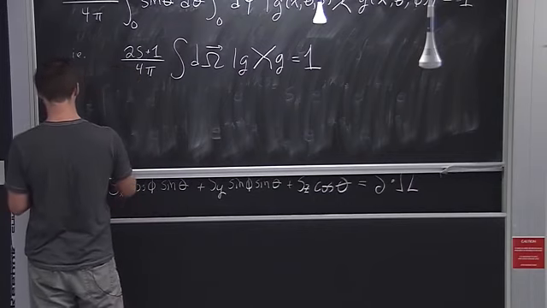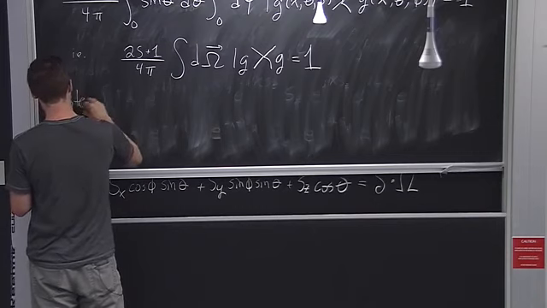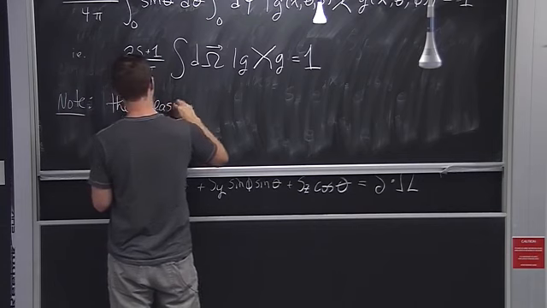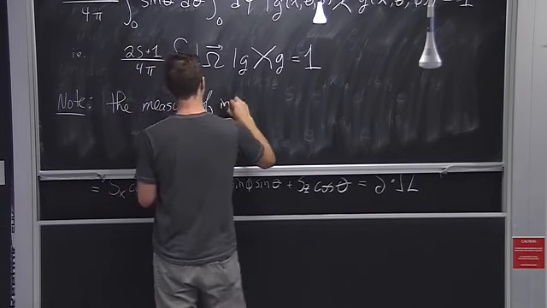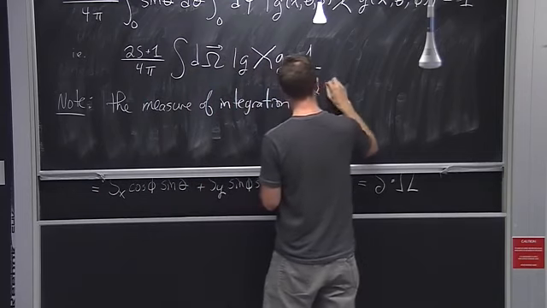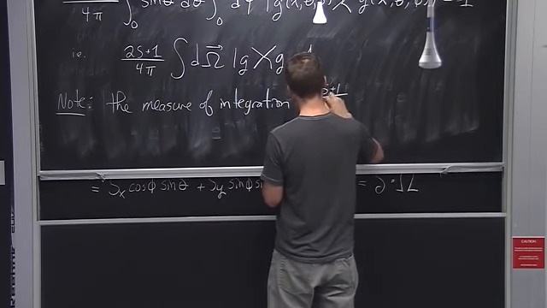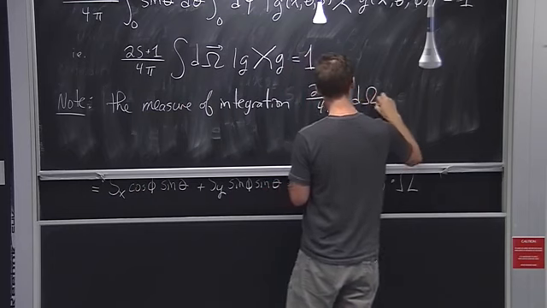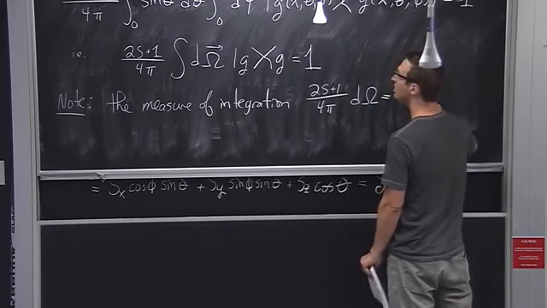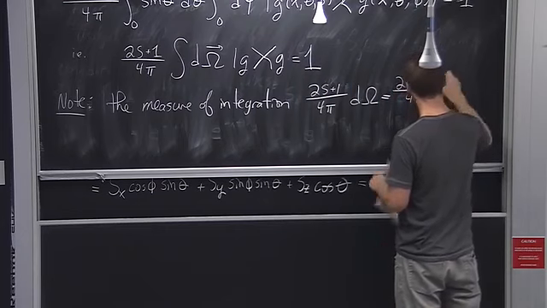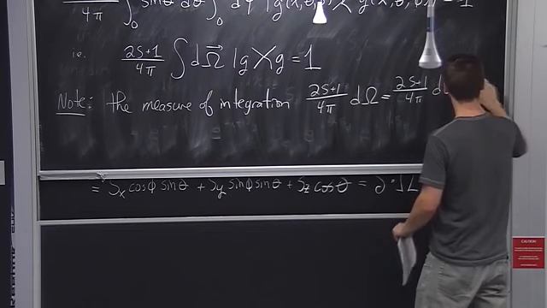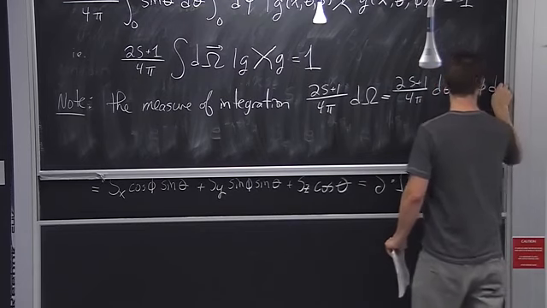It's called the Haar measure: 2S plus 1 over 4 pi, sine theta, d theta, d phi.